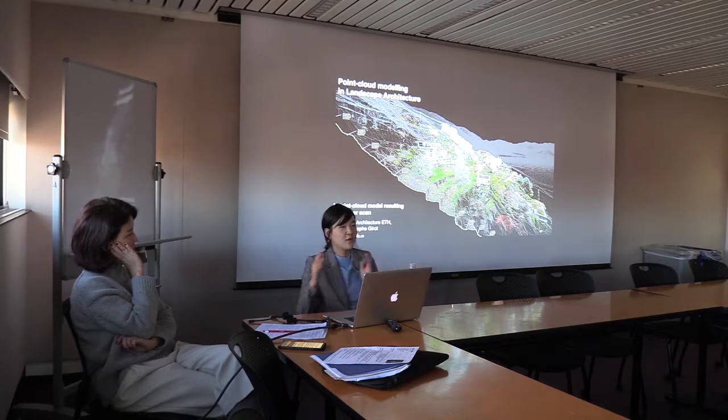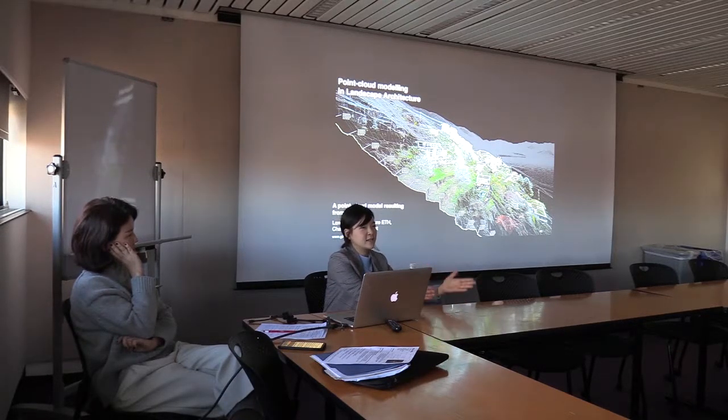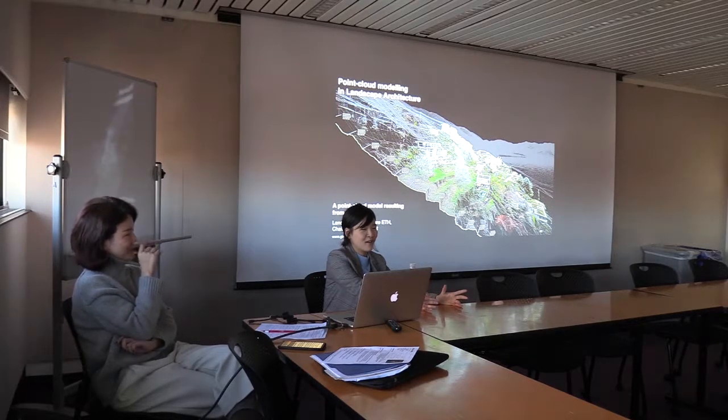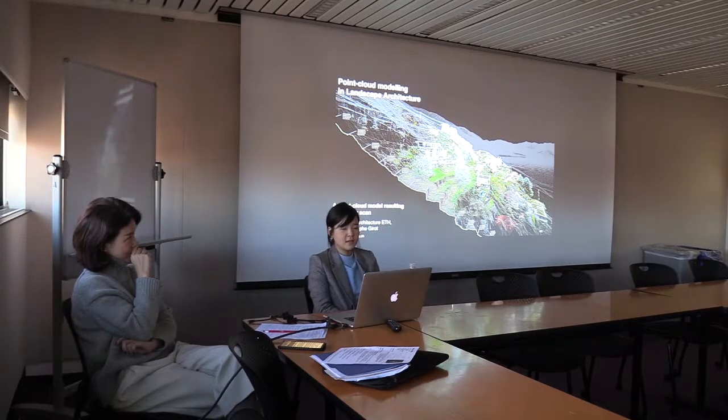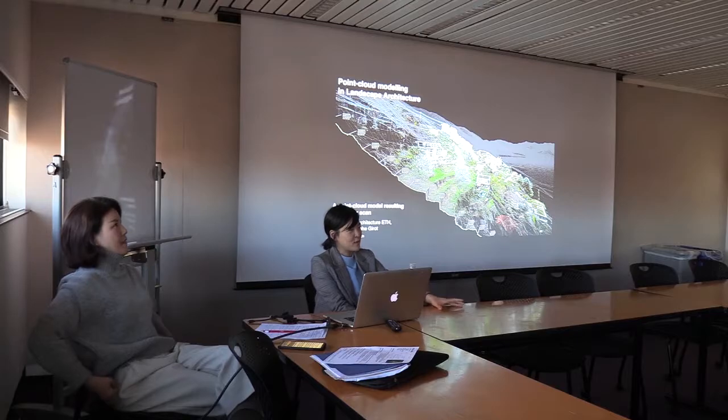So we have a lot of available technologies, but first we invented technology, and after that people try to find the reason why we need this technology. I'd say ETH landscape architecture is very experimental. They don't even know why they want to use robots, but they drop the robot to students and ask them if they can find the right purpose for their design.